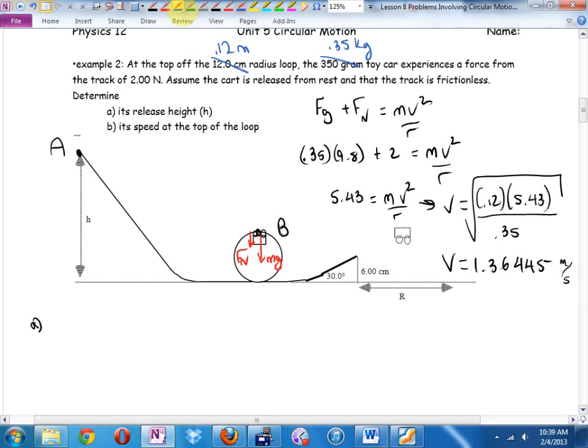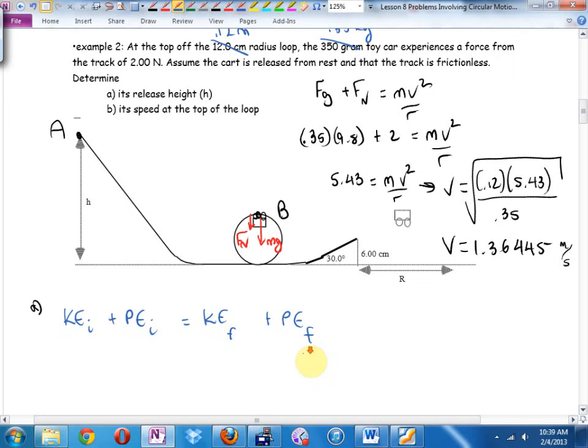A says find its release height. You know what? That means kinetic energy initial plus potential energy initial equals kinetic energy final plus potential energy final. Are any of these 0? Oh, it says from rest.